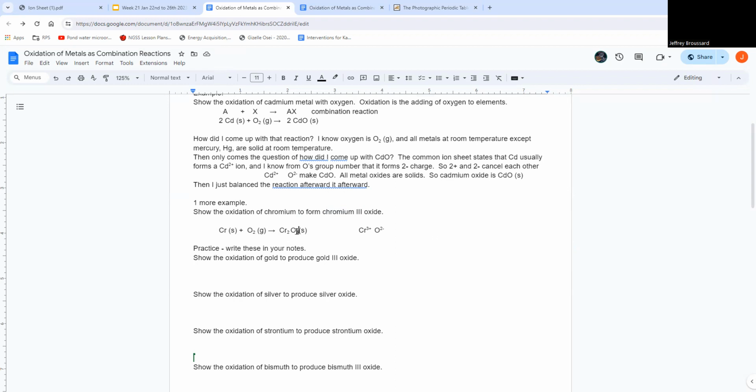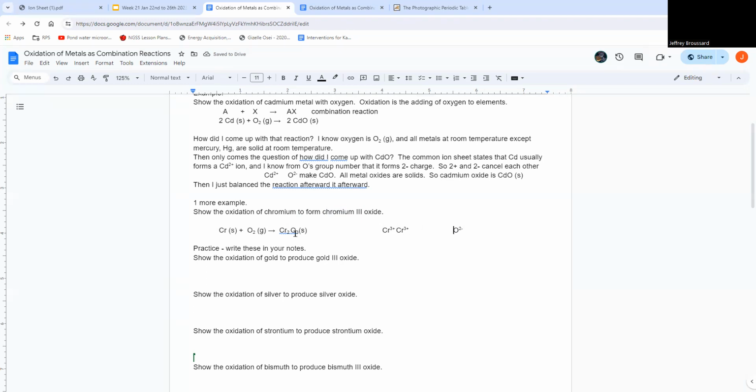This says I have 2 Crs, each of a 3 positive. I'm going to go ahead and make 2 Crs, each of a 3 positive. I'm representing that right there.